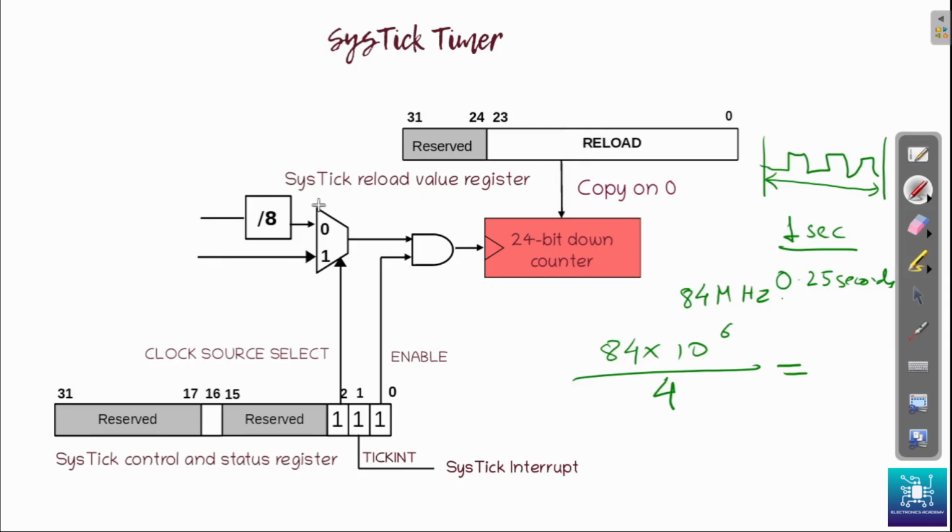The countdown operates at the frequency of the processor clock, so it will need 84 into 10 to the power of 6 clock cycles for 1 second to elapse. So for a quarter second, we will need 84 into 10 to the power of 6 divided by 4 clocks. That value is going to be 21 into 10 to the power of 6.